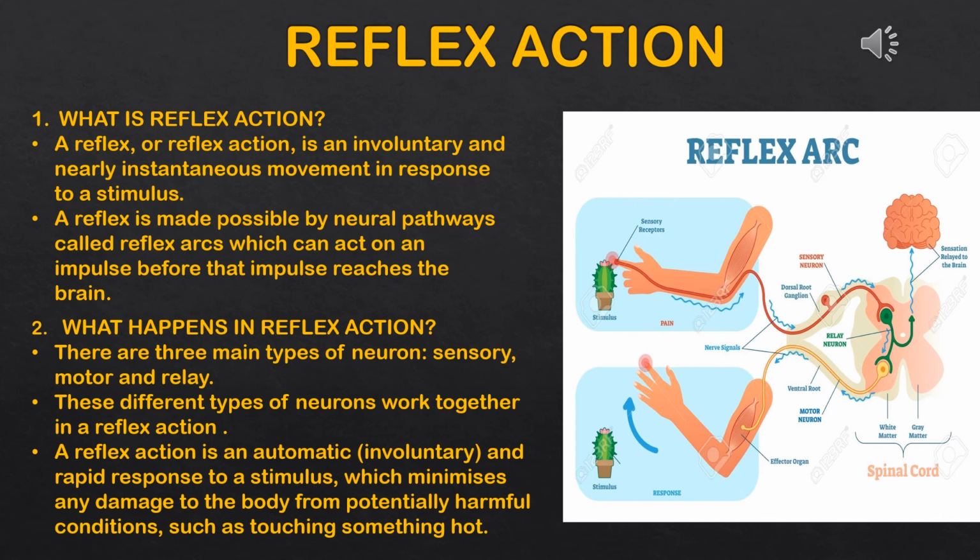Now see the diagram. The total reflex action has been shown. Sensory neuron and motor neurons are there. Sensation is relayed to the brain. Suppose you are touching a cactus plant; sensory receptors are there at your finger. So you feel pain, and that pain is passed to the brain through sensory neurons.